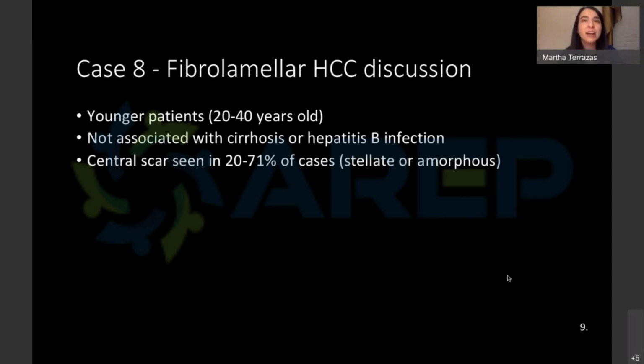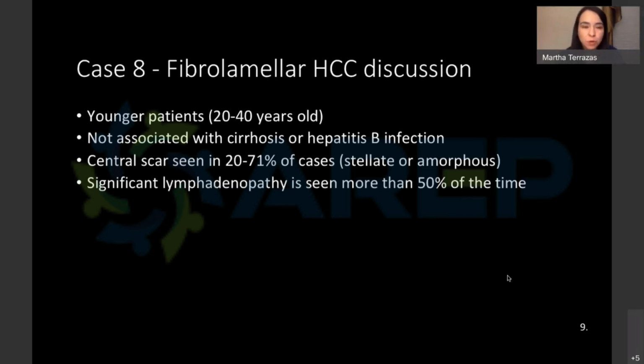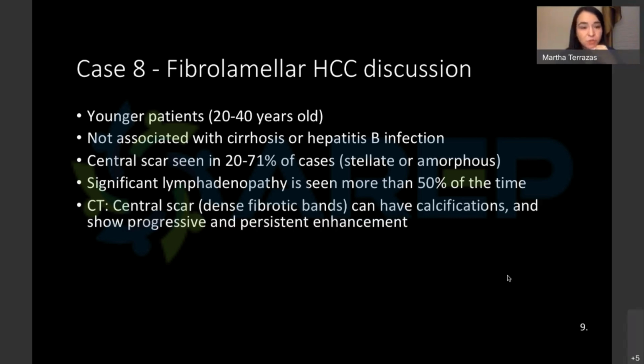The central scar has been reported in the literature anywhere from 20 to 71% of cases, and it can be stellate or amorphous on imaging. They can have significant lymphadenopathy, usually seen more than 50% of the time when you look on CT or MRI. This patient didn't. On CT, they're going to have a central scar, which is just dense fibrotic bands.